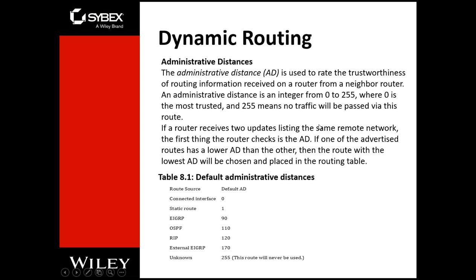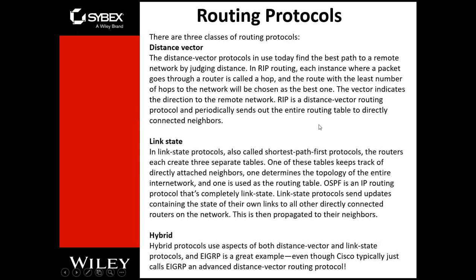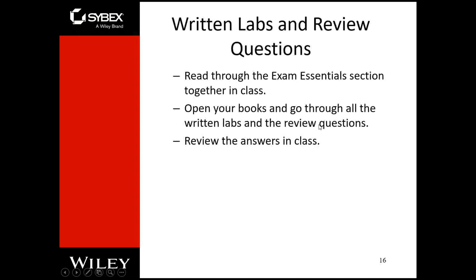Don't worry about external EIGRP or unknown. I won't be asking you that. Know the difference between the different types of routing protocols, the distance vector, the link state, and the hybrid. Just read through this page and you'll be fine.